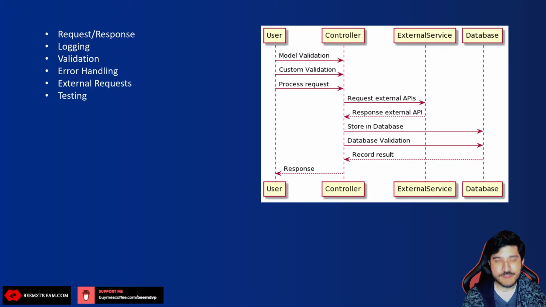In the technology stacks that I want to go over, and learn as part of the process of doing this video series, I will be going over, for example, the request and response conventions within the framework, and the logging, whether that's down to the language or maybe there's a logging framework within the technology stack.